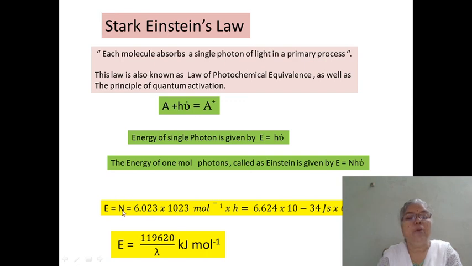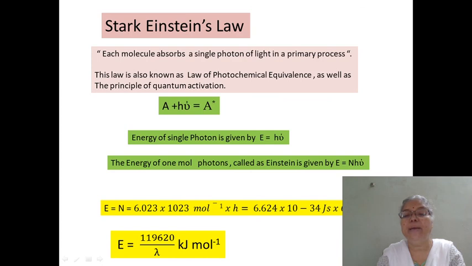Remember, the value of N, the Avogadro number, is 10 raised to 23, and Planck's constant is 10 raised to minus 34 joule second.